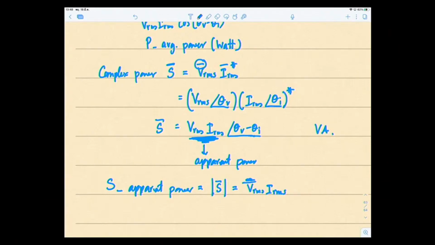Please make it clear so you don't get confused when I write a phasor versus an amplitude.